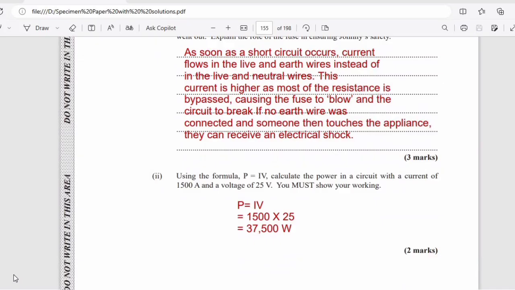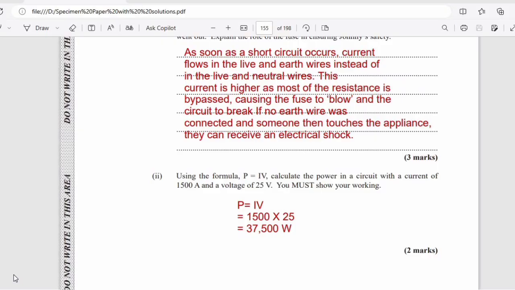The next part of the question says, using the formula P equals IV, calculate the power in a circuit with a current of 1500 A and a voltage of 25 V. You must show your working, and we know A is for ampere and V is for voltage. When we see ampere, it's talking about current. When we see voltage, it's talking about voltage, right? So P equals IV.